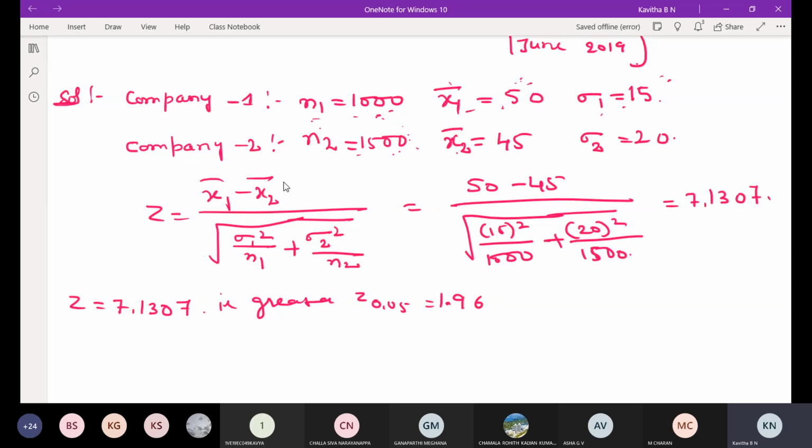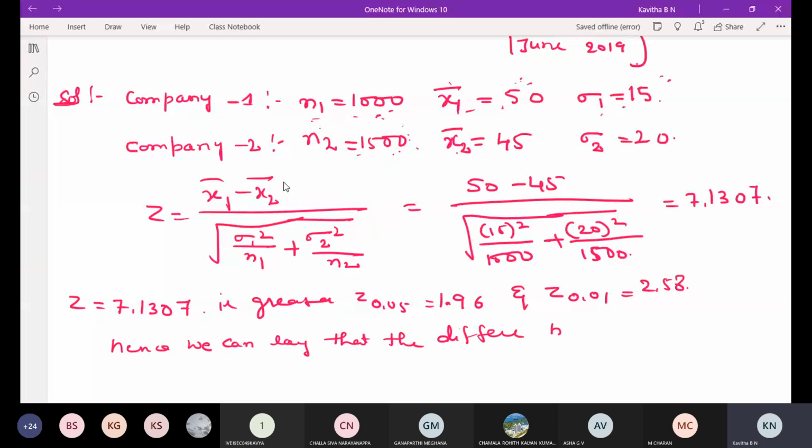Hence we can say that the difference between the mean wages is significant both at the 5% and 1% level.